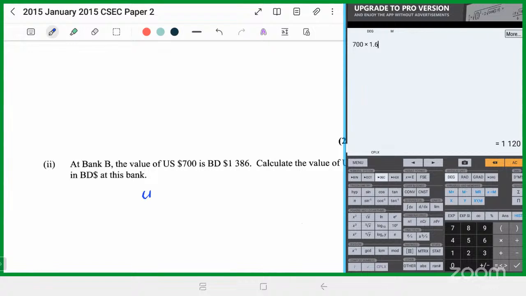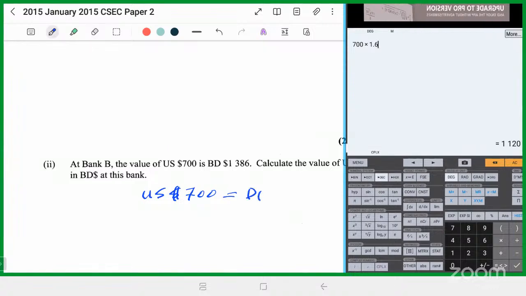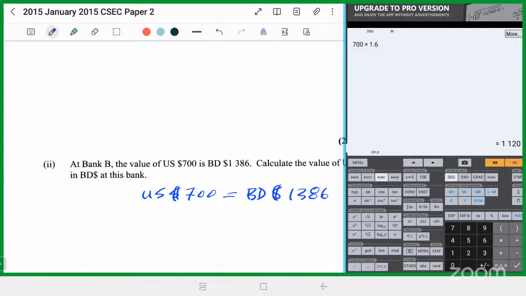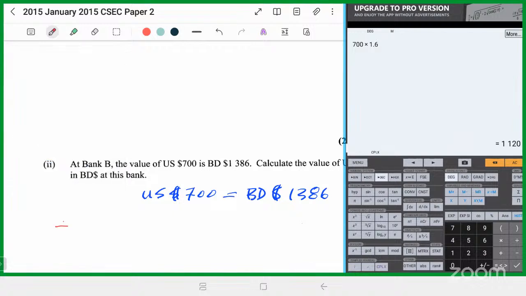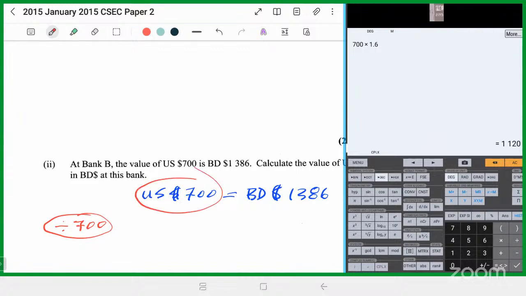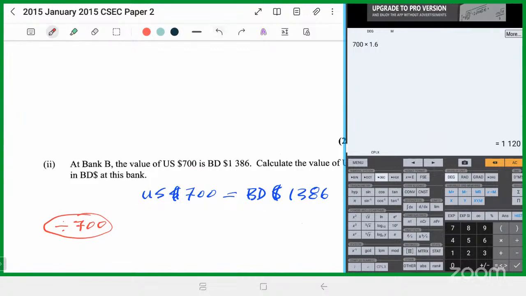So at this bank, it is US $700, that is now equal to Barbados dollars 1,386. And you want this to become 1. So for it to become 1, we now divide this one by the same 700 to get this side to become 1.